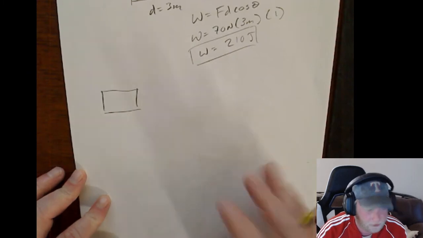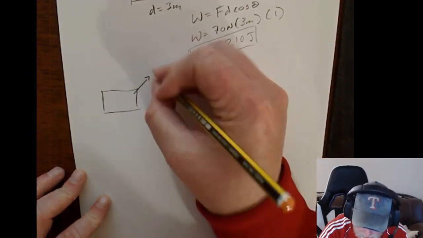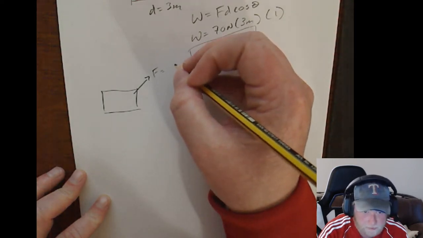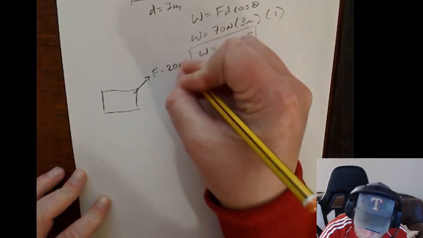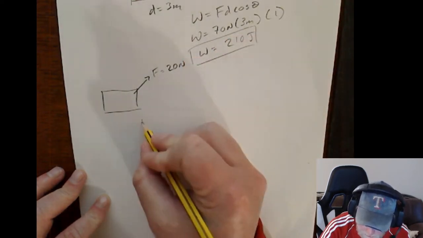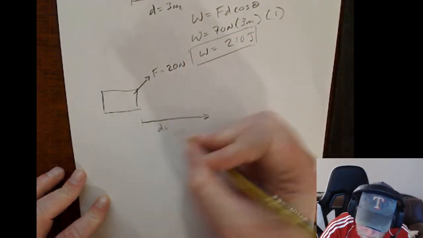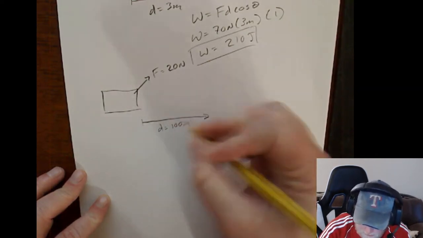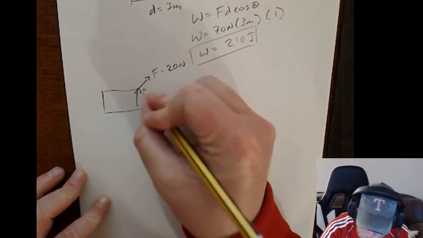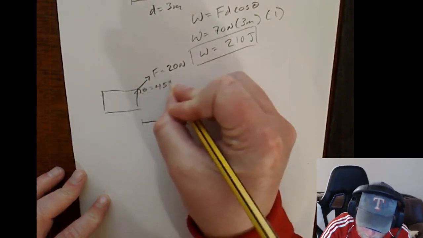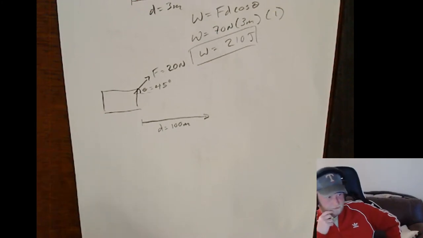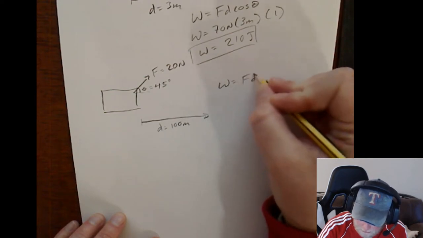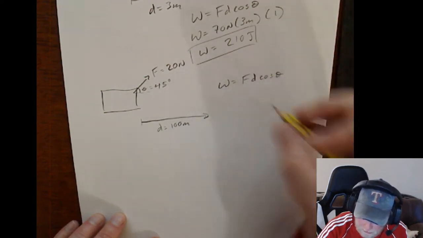So again, always start with just a basic little free body here. We got our force of 20 newtons, right? That tension force. It's displaced a distance of 100 meters. And we know that theta is 45 degrees. So again, we look at work being equal to force times distance times the cosine of your angle.